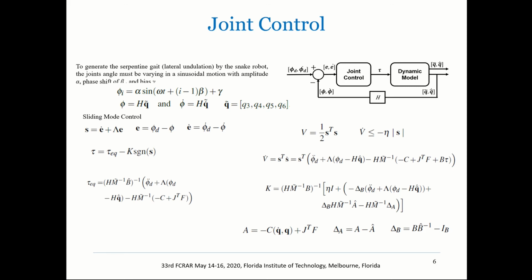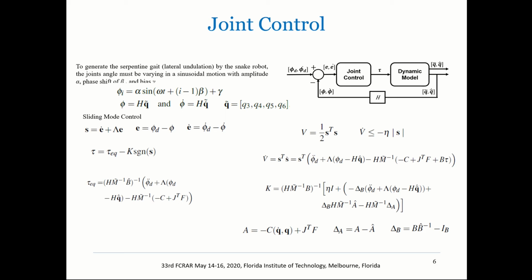To create the motion for serpentine gait, sinusoidal motion is necessary, as you can see in phi. And the mode of control that was used is the sliding mode control.